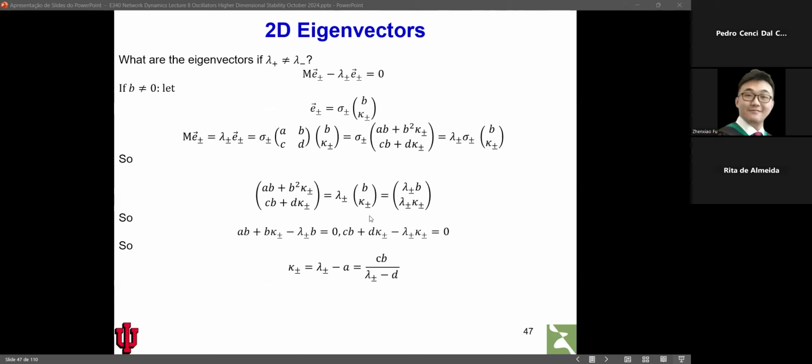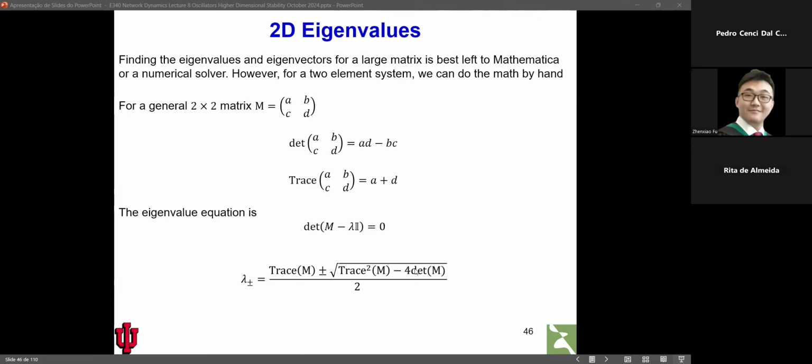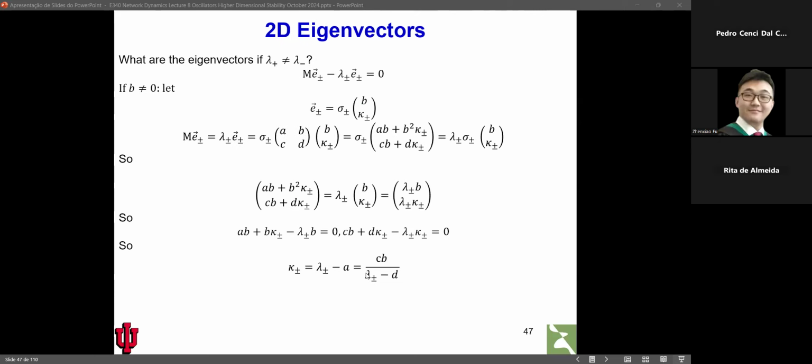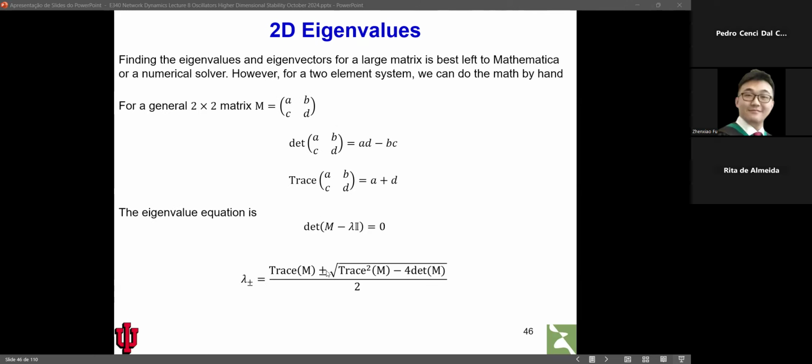What happens if the eigenvalues are degenerate, in the sense of whether they are different or not? If they are different, that means this thing is different from 0. Then you have E plus and E minus, because you have plus or minus here.